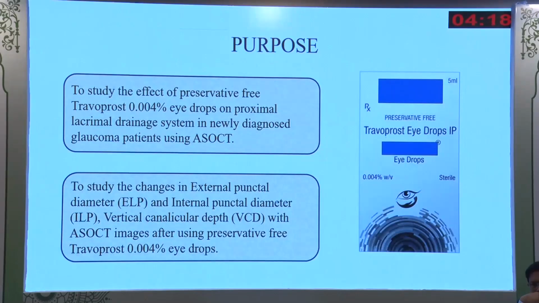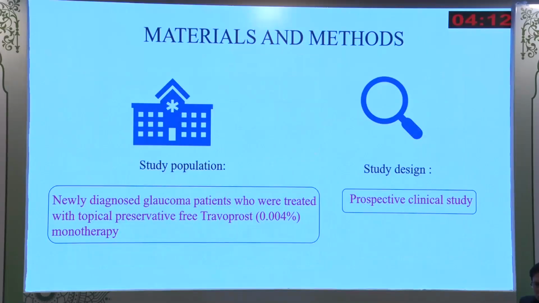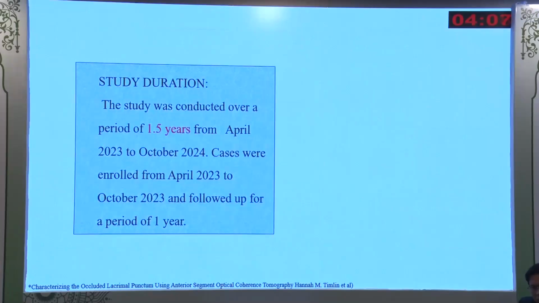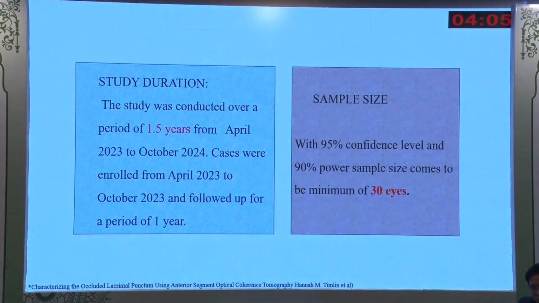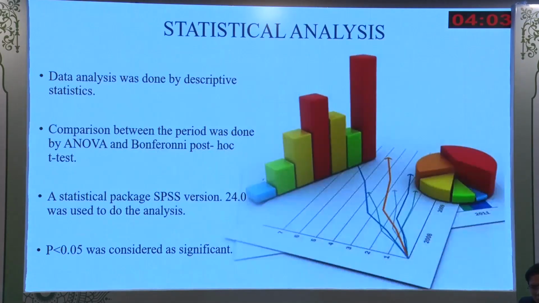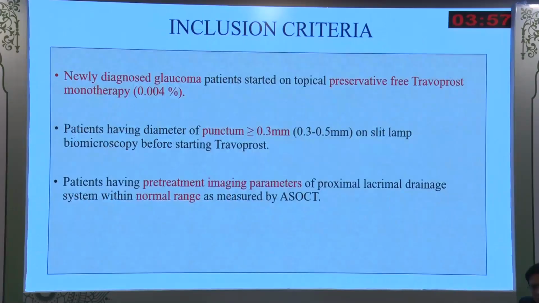We considered 3 parameters: external punctal diameter, internal punctal diameter, and vertical canalicular depth. All newly diagnosed patients on monotherapy were included, and this was a prospective study conducted for 1.5 years. My sample size was 30 eyes. Comparison was done by ANOVA and Bonferroni post hoc t-test, and p-value less than 0.05 was considered significant.